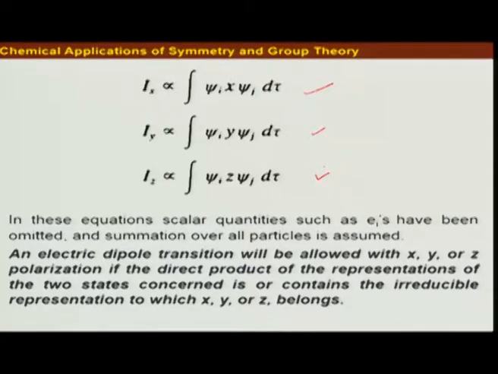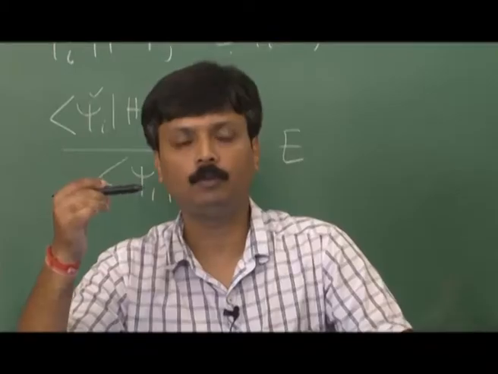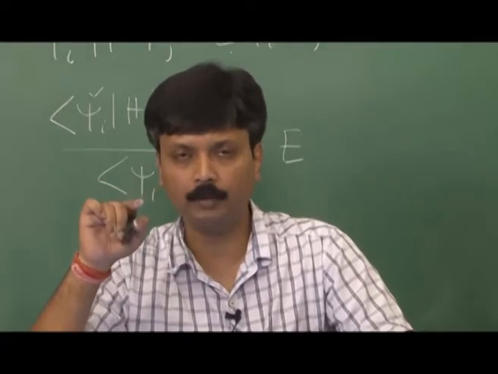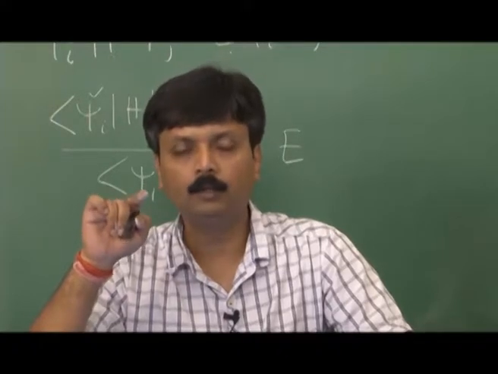Now, one thing you notice here is that we are not using the charge values here, because that is a constant, and that does not change the value of the integral, right? So that will be just a multiplication after you solve the integral. Now if one or more integrals survive, then what we say is that the transition from psi i to psi j is allowed, and it's allowed in those particular directions.